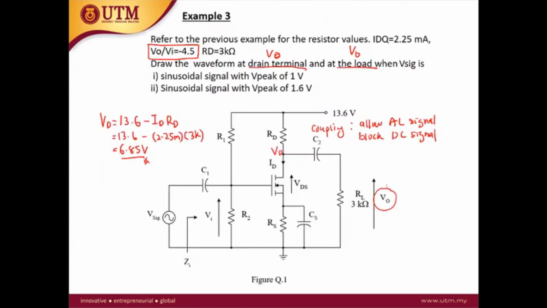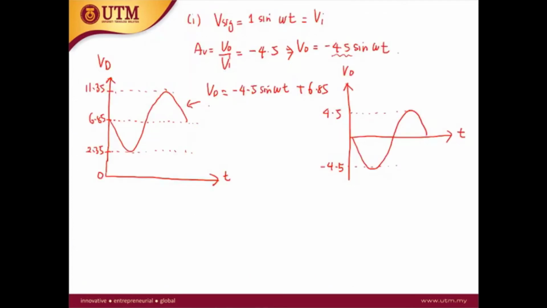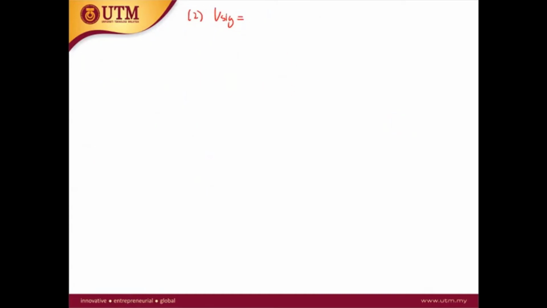The second condition is when the V signal is a sine wave with the peak voltage of 1.6. So V signal equal to V in equal to 1.6 sine omega t. Based on the gain equation, V out over V in equal to minus 4.5.